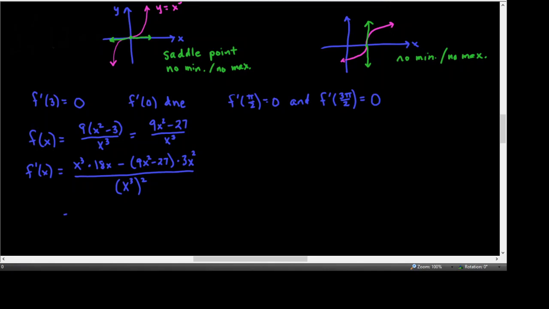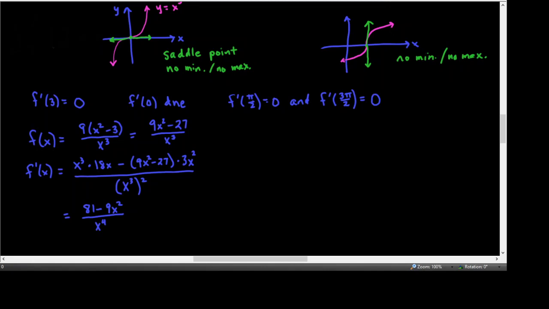And if we simplify that, we'll get 81 minus 9x squared over x to the 4th. That's what that simplifies to be.